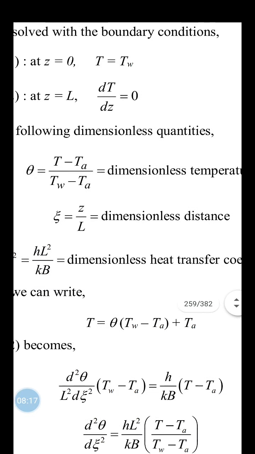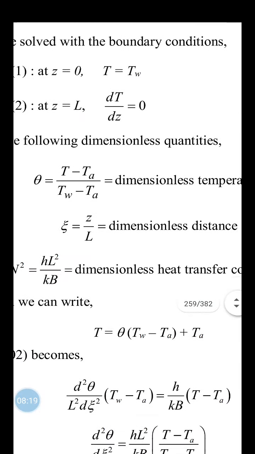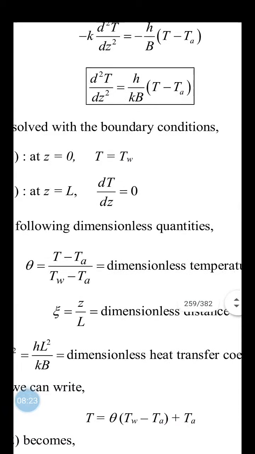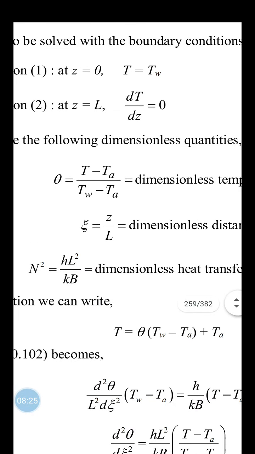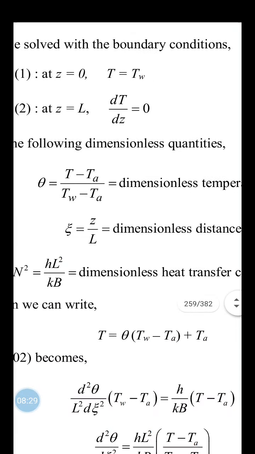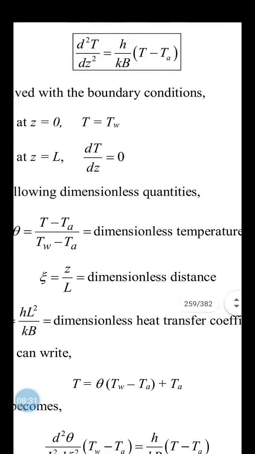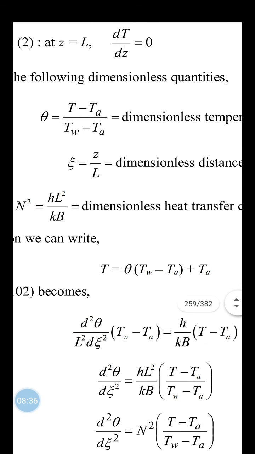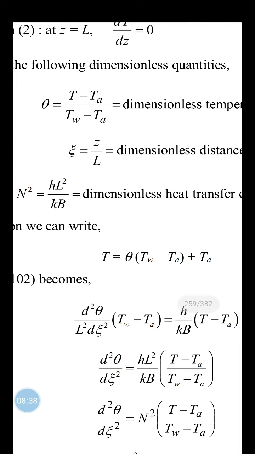So d square T by dz square can be written as d square theta upon L square into d zeta square, times (Tw minus Ta), is equal to h by kb into (T minus Ta). This is how you can convert the above equations into dimensionless quantities.